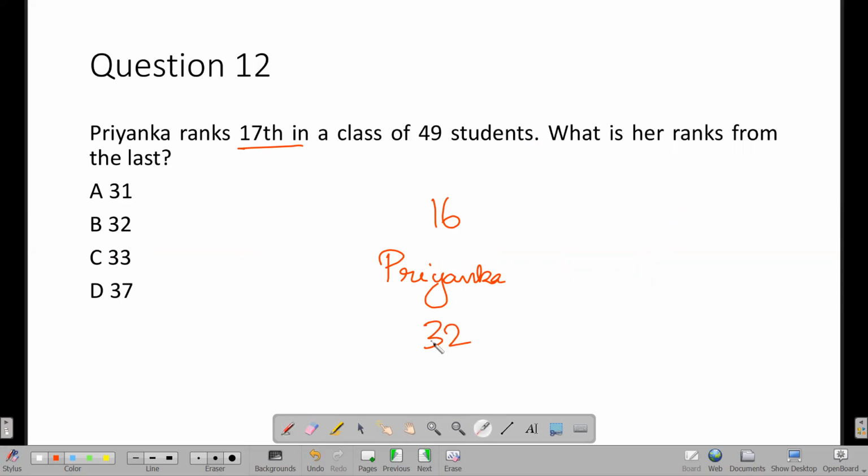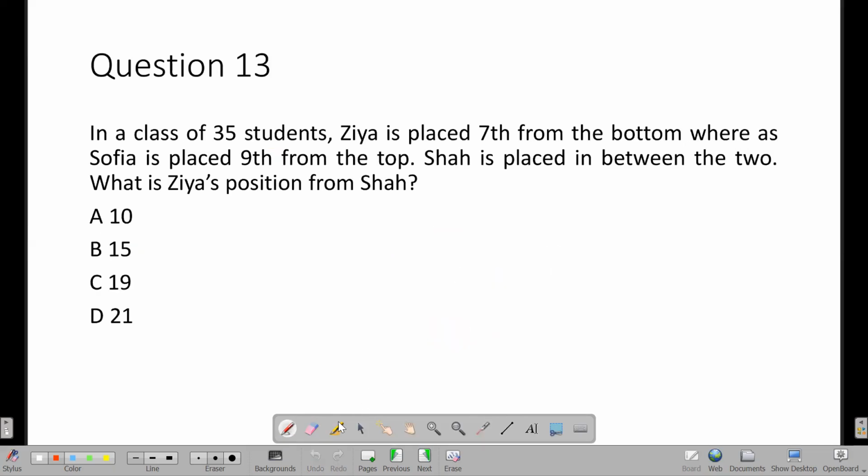So 32 plus 1, 33, 33 plus 16, that is equal to 49. So from the bottom or from the last, you can consider 32, Priyanka is 33rd. That way also you can answer the question. So whichever method you are comfortable with, you please use that method. Okay, let's go to the 13th question now.